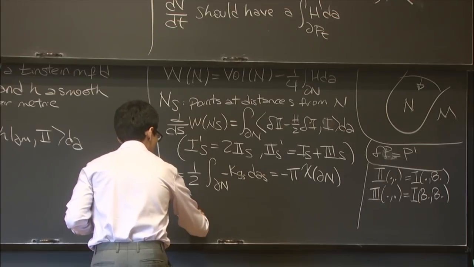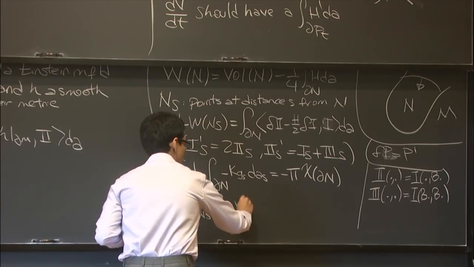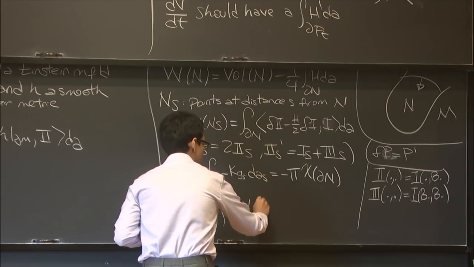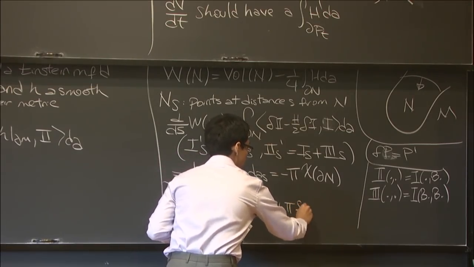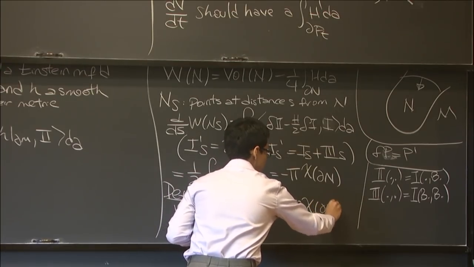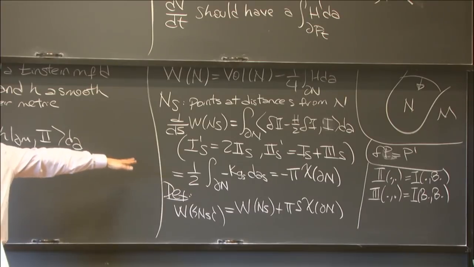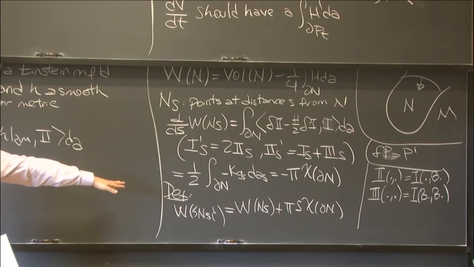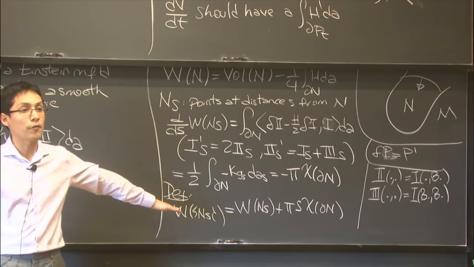If we have an equidistant foliation, we could define its W volume as the W volume at any level plus pi s Euler characteristic of N. And notice, because of the calculation before, this number does not depend on s. So with this, we end the renormalization part of calculating this quantity.